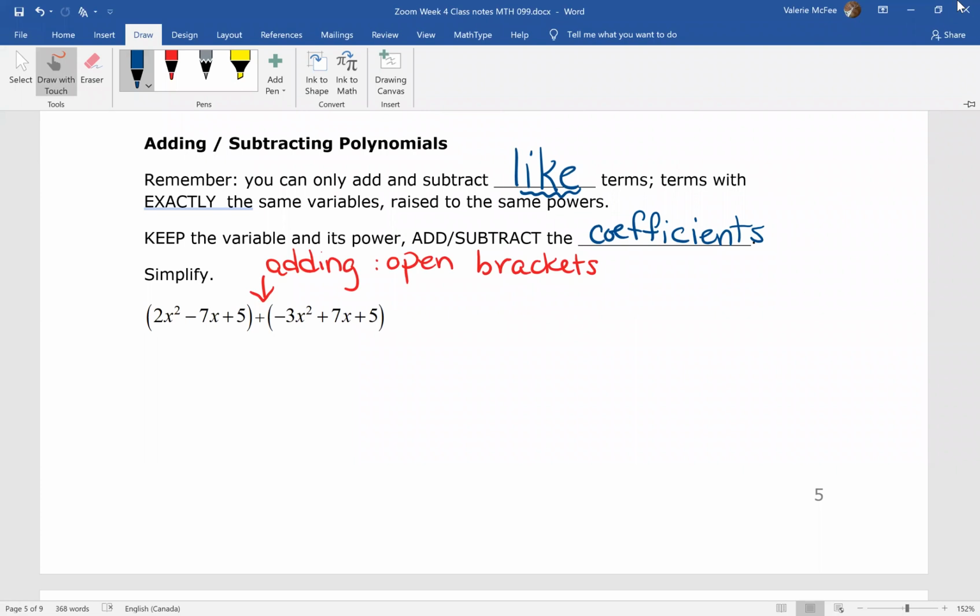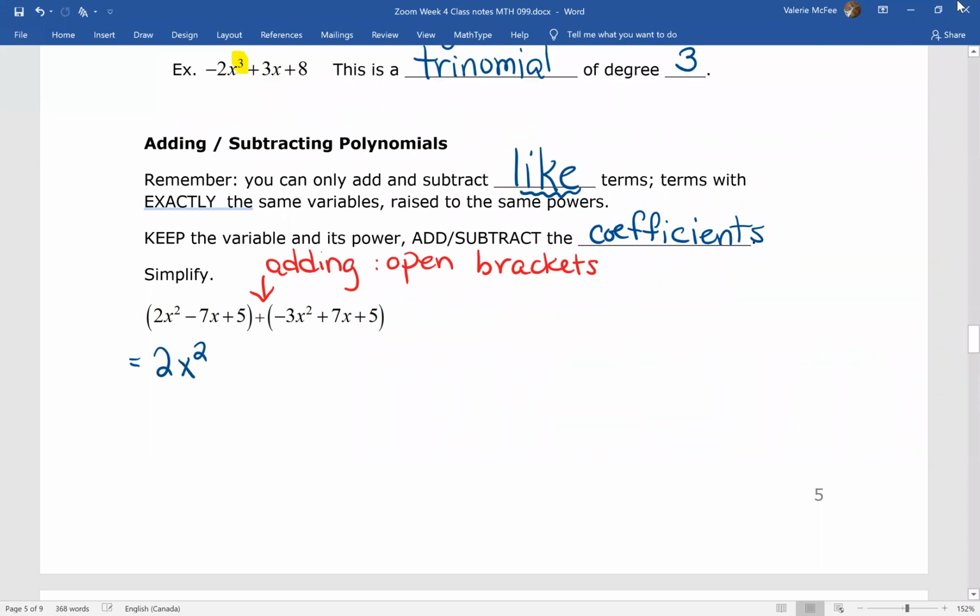So we have 2x squared minus 7x plus 5. There's this plus minus here, but adding doesn't change anything. So I can just write minus 3x squared plus 7x plus 5.